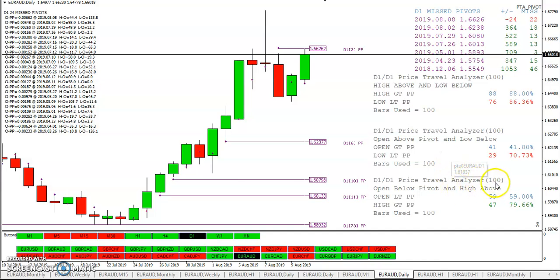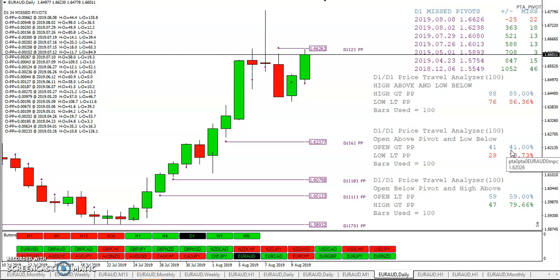And so here, out of the last 100 days, the open was less than the pivot but the high was greater than the pivot 47 times, or 79%, almost 80% of the time. So you can see how even on the same day, the pivot gets taken out. You have a very high percentage. It makes it a very profitable trade.